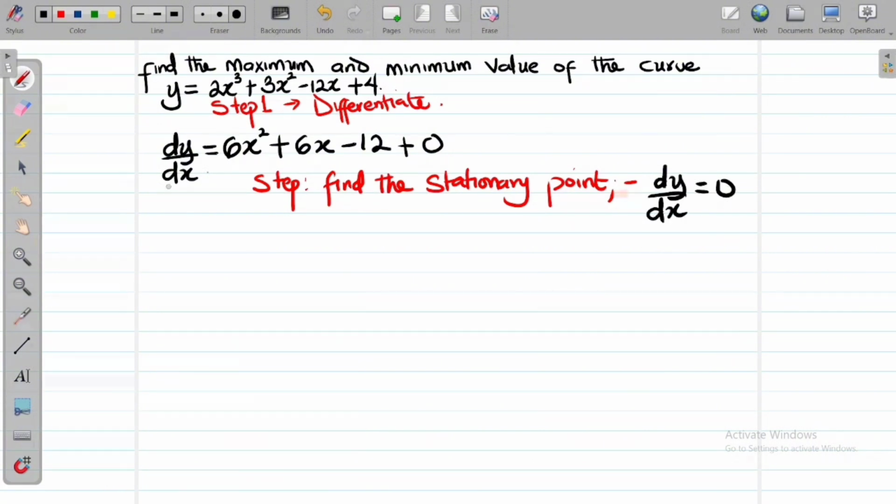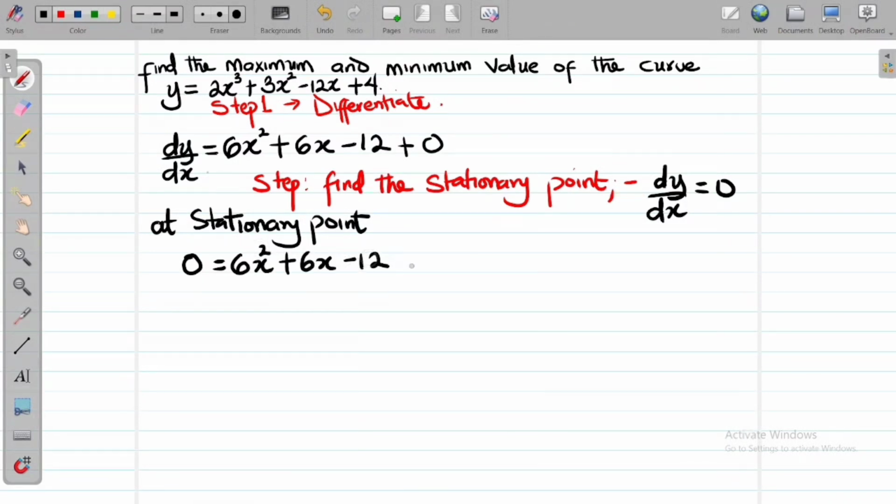So since dy/dx is equal to 0, we're going to have 0 = 6x² + 6x − 12 + 0. Or we can write this by putting the 0 at the tail end and say everything is equal to 0, right?